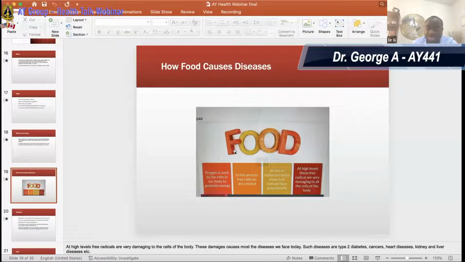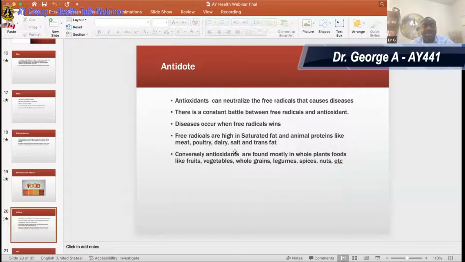Now we will go ahead and look at the food groups that are causing higher free radicals, and the foods that have antioxidants that neutralize the free radicals. The antidote to the free radicals is what we call antioxidants, which neutralize the free radicals that cause diseases.